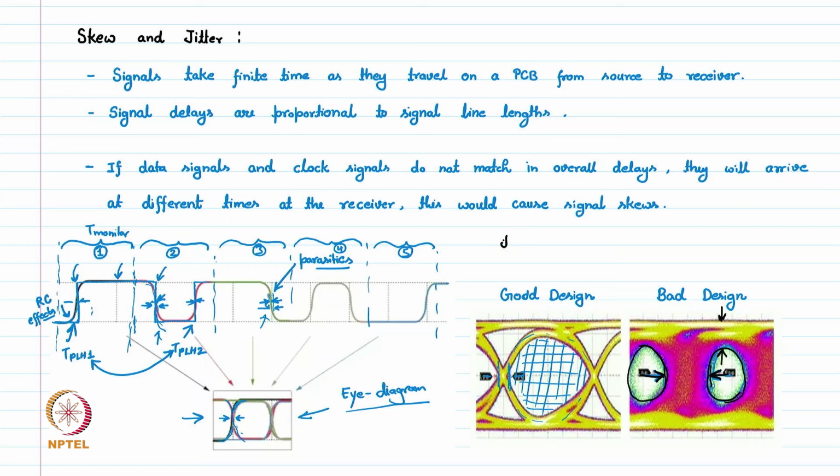So this jitter can be minimized by trace length matching. So this is very important.